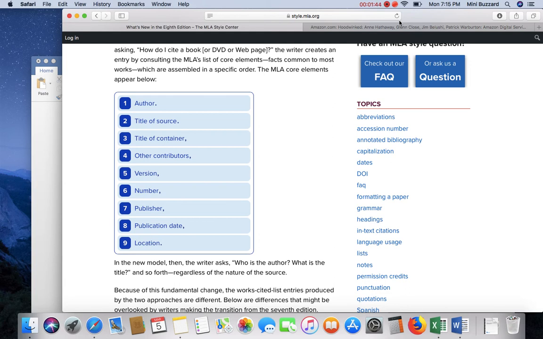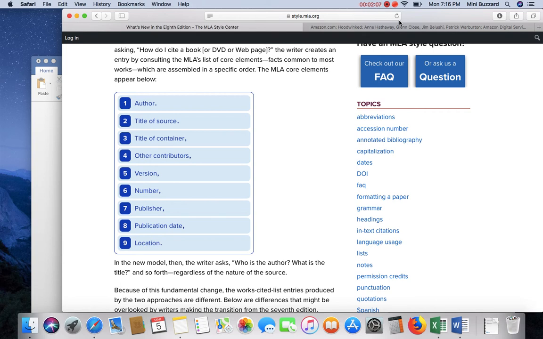Instead, MLA is taking a more holistic approach to citing sources, empowering the writer to be able to say what they think is most important and should be highlighted to their reader about the resource.